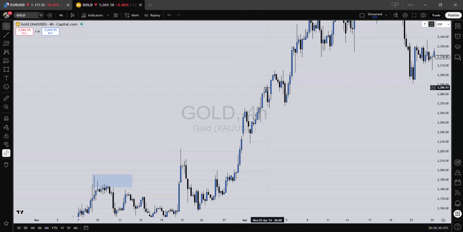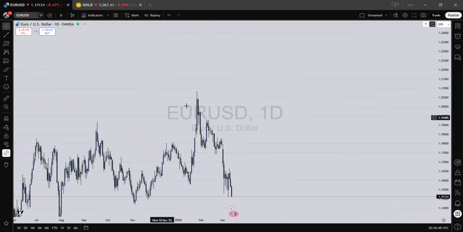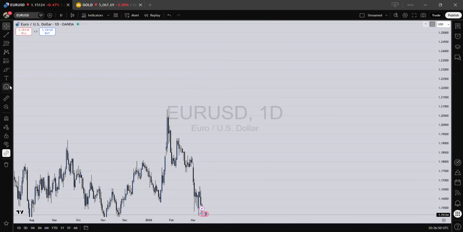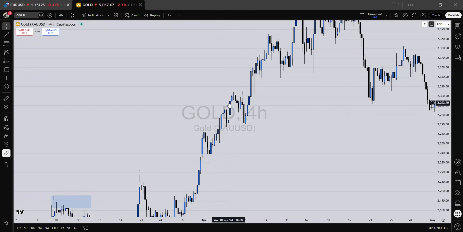Here, 2286. Here, 2300. Now, if you look at these retracements that happened here, sorry, let's use EU to write down the numbers. All right, 2180 zone. Here, 2294.